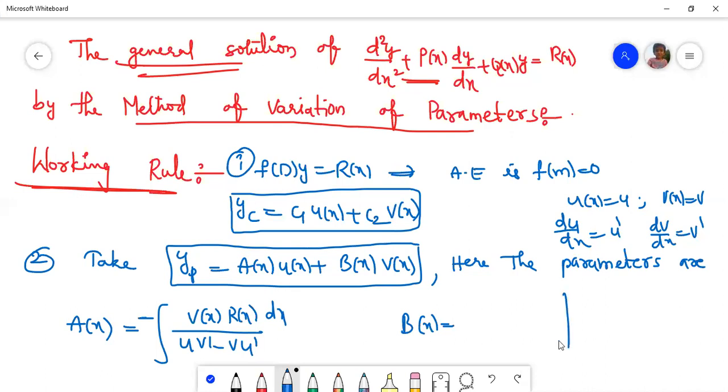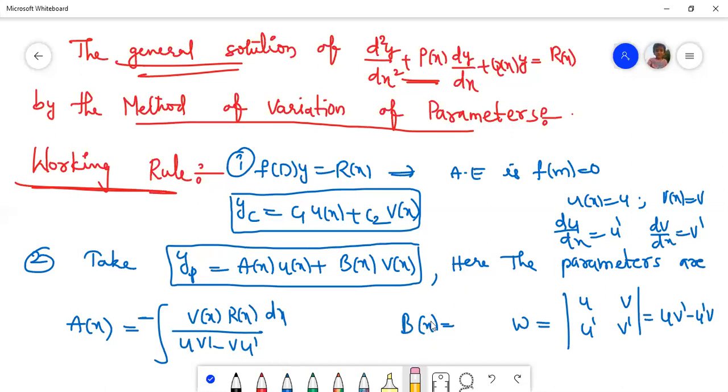We can take the determinant, that is the Wronskian function, u, v, u dash, v dash, and the determinant means u v dash minus u dash v.